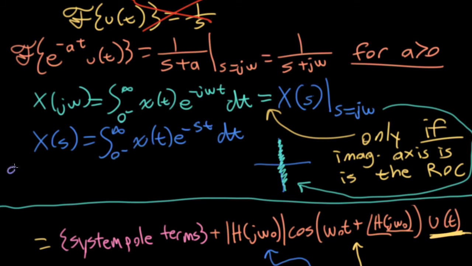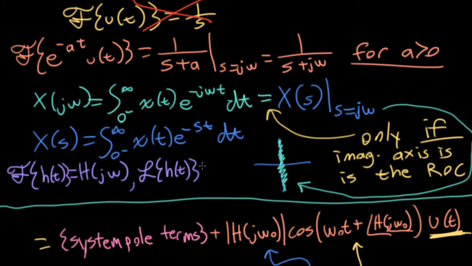And so we've said that the Fourier transform of an impulse response is a frequency response that we labeled big H of j omega. And we've also said that the Laplace transform of an impulse response is a system function, big H of s.